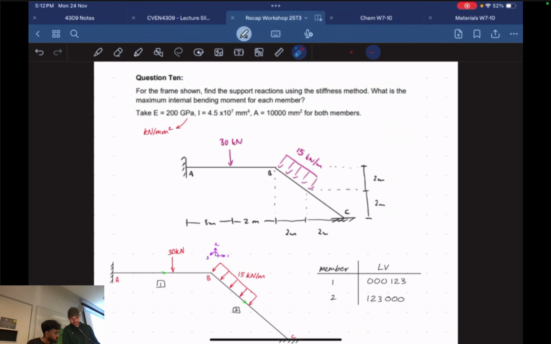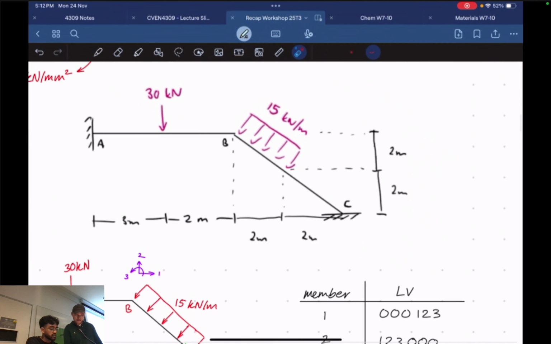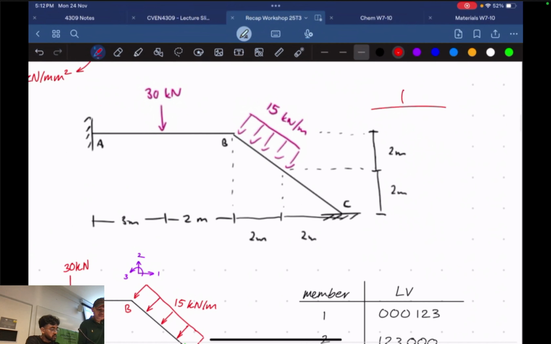How to solve that? It's the same way. You just assume everything's upwards. Imagine you can have a force going down like this, and you can also have a force going upwards like this. But is it because the formula only gives us the downward? Are you talking about the fixed end moments?